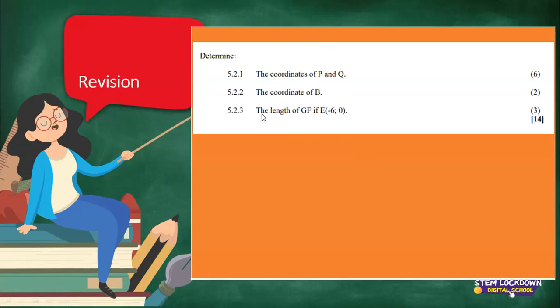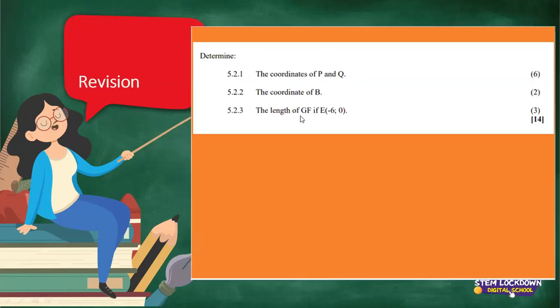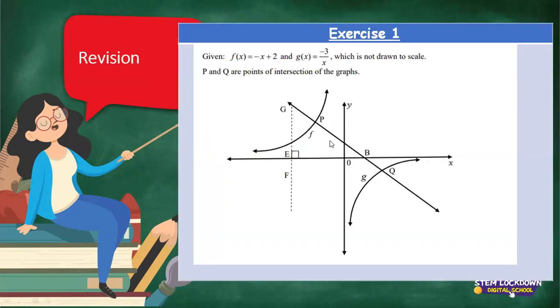The other one: calculate the length of GF if E equals -6, 0. Calculate the length of GF. Actually, it's GE, not GF.